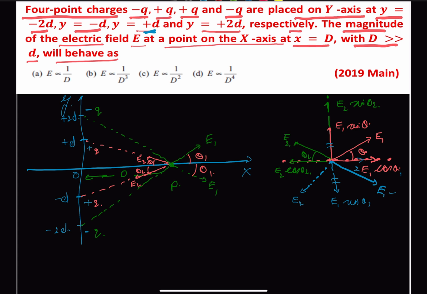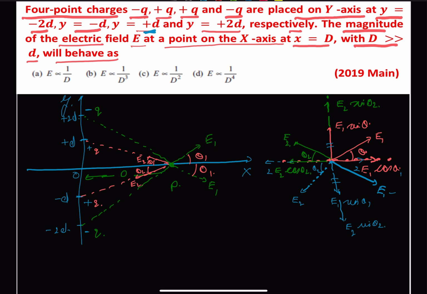So one component will be along negative y-axis, that is our E2 sine theta 2, and the second component will be same, in this direction, so we can directly write it as E2 cos theta 2 because the angle is same and the magnitude E2 is same, so we get twice E2 cos theta 2.